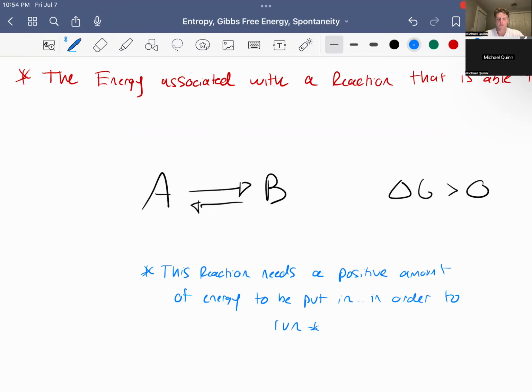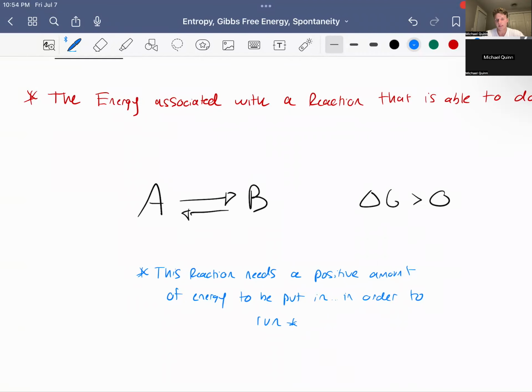So in other words, in order for this reaction to proceed, there needs to be an external source of energy put in to A in order for it to go to B.